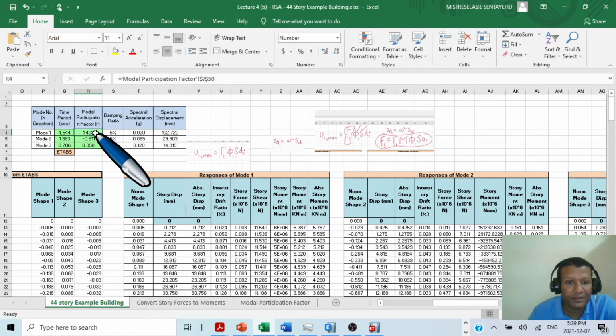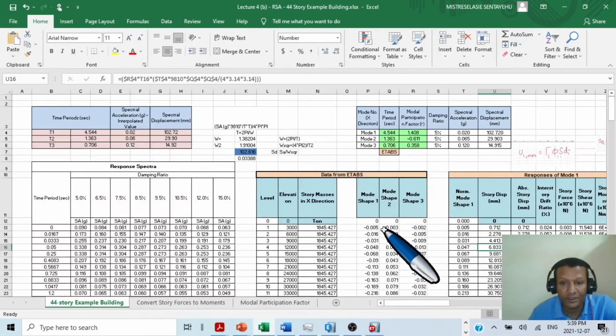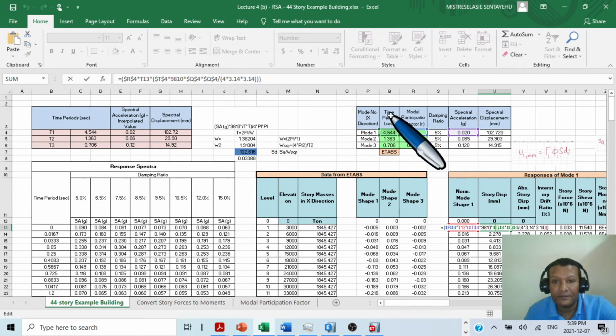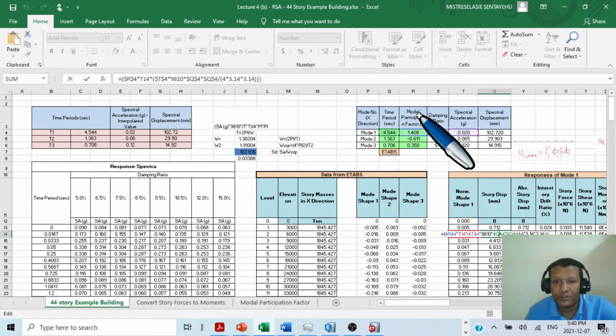The mass participation factor we have here. So the only thing that will change is the mode shape along the building. So as per the mode shape, this is the displacement. For example, as you can see, the time period. So we have the modal participation factor, we have spectral displacement, we have time period, and as per this it will calculate SD, spectral displacement.